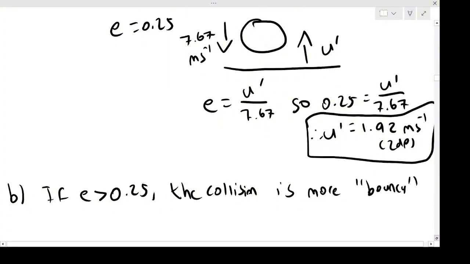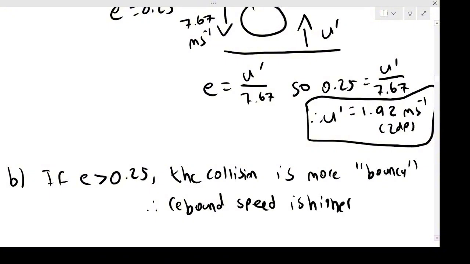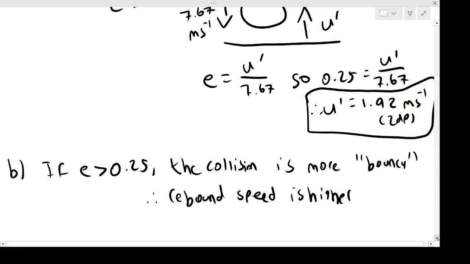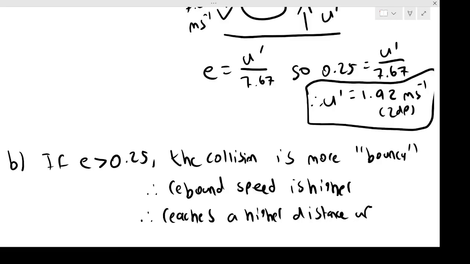And so that means the rebound speed is higher. So the speed the ball bounces up with is going to be higher, so the after speed, which was u dash. Now, think about it. If we're leaving with a higher speed, if it's a more bouncy collision, then it has to reach a higher height, or reaches a higher distance upwards.